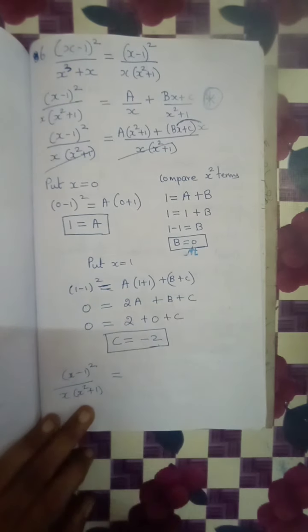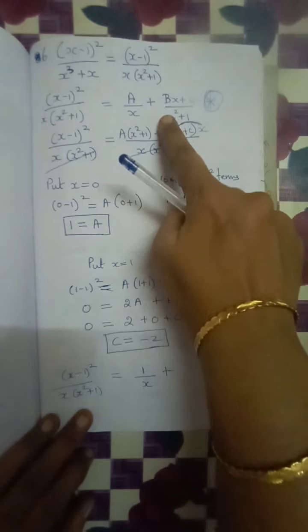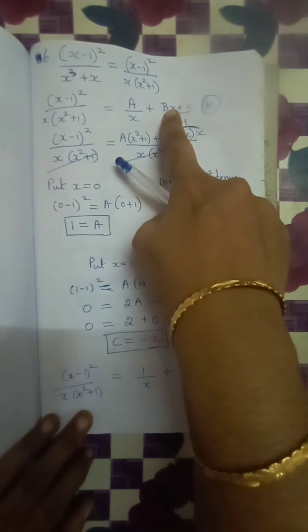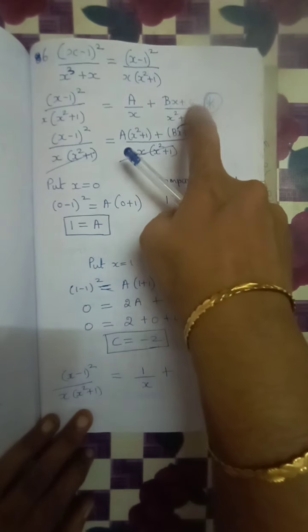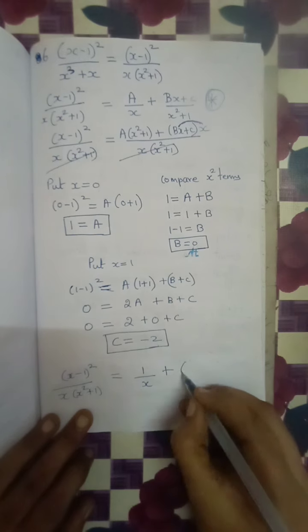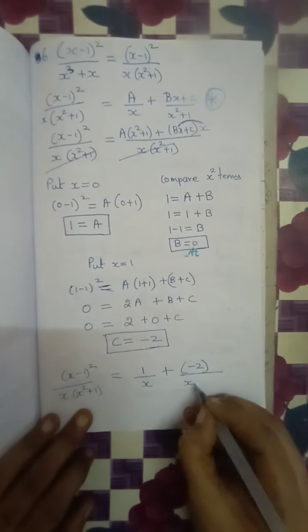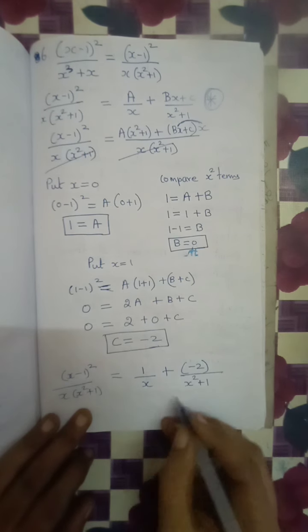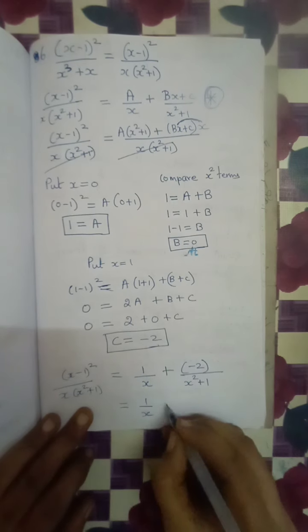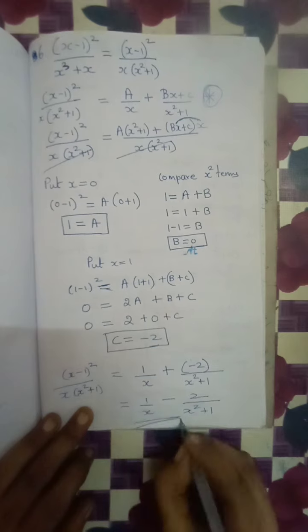What is a? 1. So 1 by x plus bx. What is our b value? 0. 0 into x is 0, so no need to write bx. C, what is the value for c? Minus 2. So minus 2 by the denominator x square plus 1. Instead of writing like this, I can write this as 1 by x plus minus 2 by x square plus 1. This is our answer.